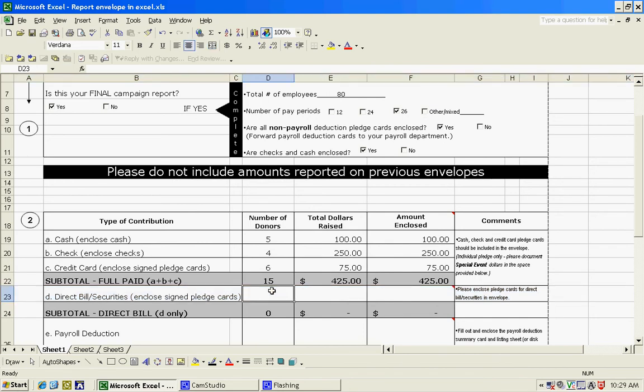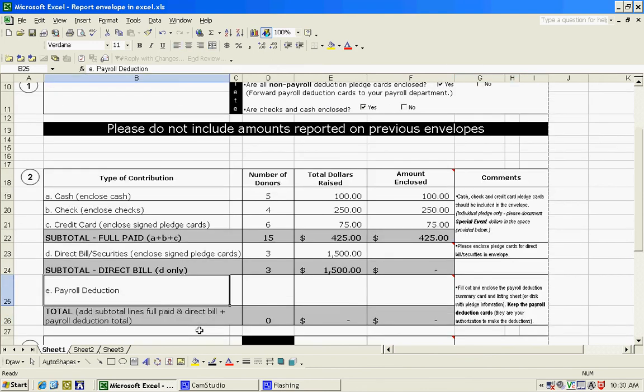So for this example, we will say that 3 donors pledged a total of $1,500, and because there is no amount enclosed, we will leave this cell blank. Also, if you notice the comment to the right, it requests that pledge cards be enclosed for all bill directs and securities. This helps our pledge processing department with billing these donors as they requested.